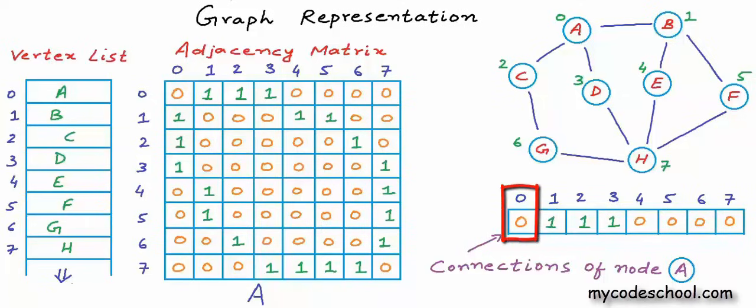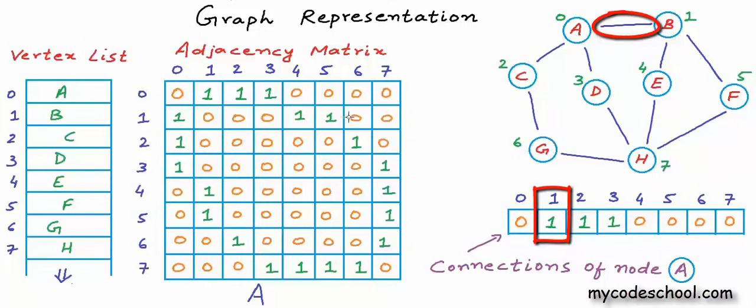A 0 in the 0th position means that there is no edge starting at A and ending at 0th node, which again is A. An edge starting and ending at itself is called a self loop, and there is no self loop on A. A 1 in 1th position here means that there is an edge from A to 1th node, that is B.